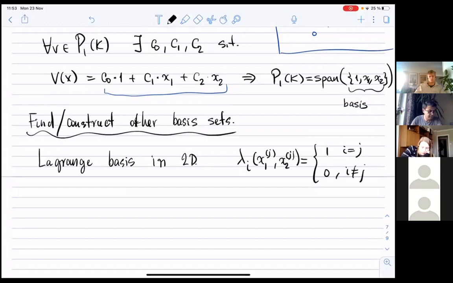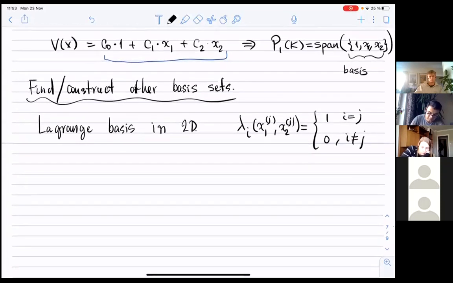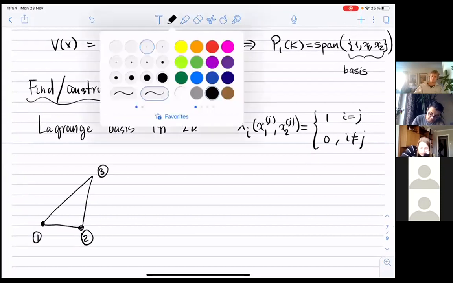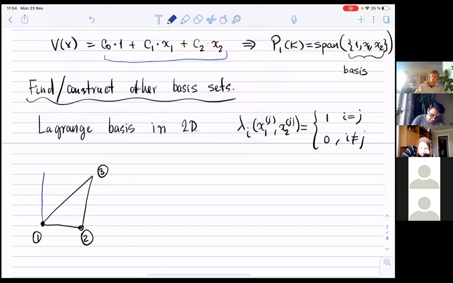So I can just draw, for example, for this triangle with nodes 1, 2, 3, we can construct lambda to be like this function, which is 1 here, but 0 otherwise, like this.